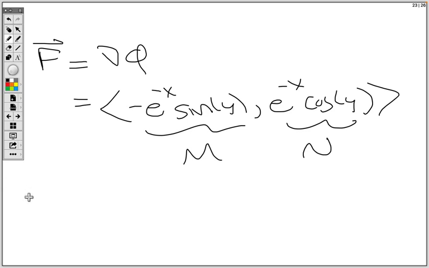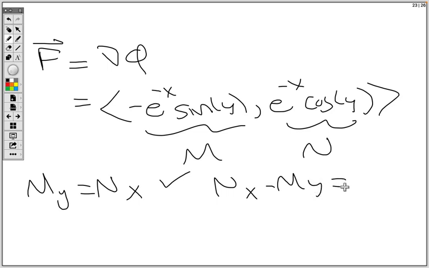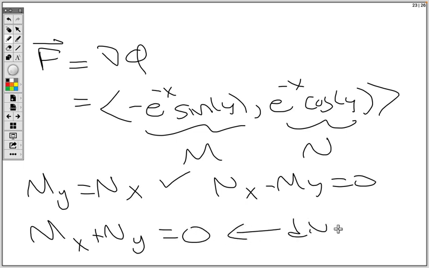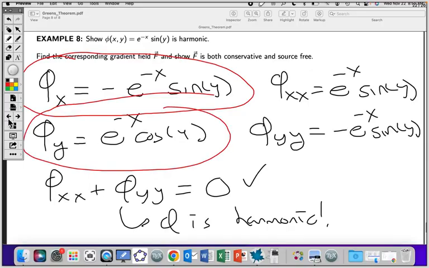And I would just need to show that my equals nx. That shows that it's irrotational. That shows that the nx minus my is 0. And then just show mx plus ny is 0. That'll show that it's divergence free. And for my equals nx, you can see here the my would be minus e to the minus x cosine y. And that would be the same as nx. And then for the mx plus ny equals 0, that's exactly this calculation here. Okay?